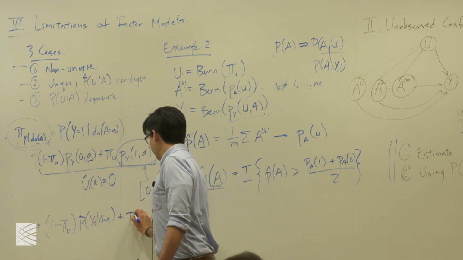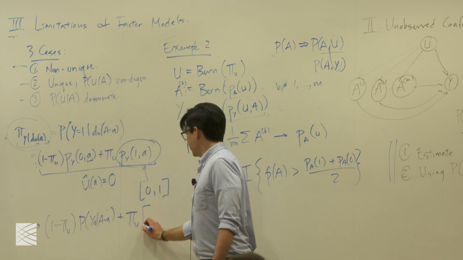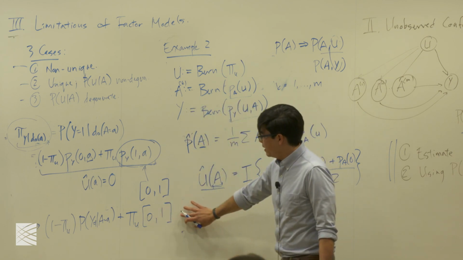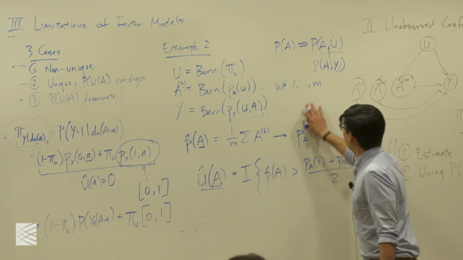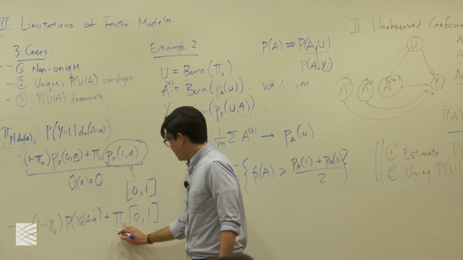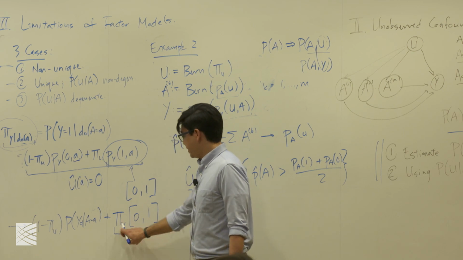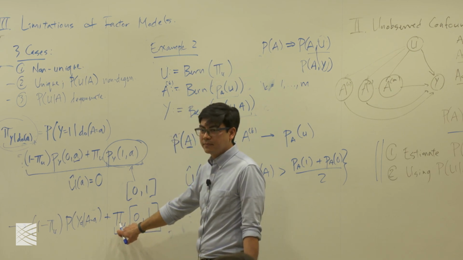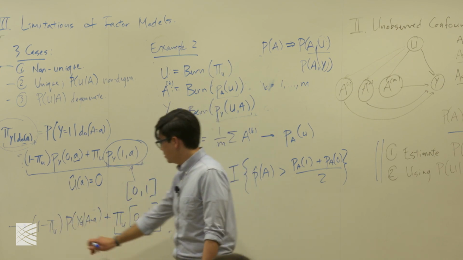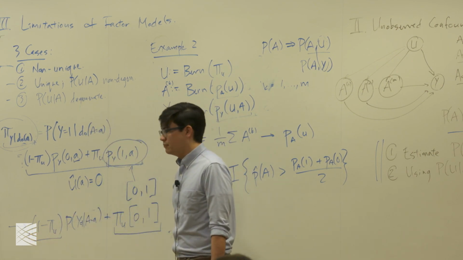And then for this half of our sum, we can just plug in the interval 0, 1. So what it means is that in the limit where we actually are able to recover our latent confounder u, our ignorance region is going to have width pi u. And likewise, if we converge on the other answer, our ignorance region is always going to have width 1 minus pi u.